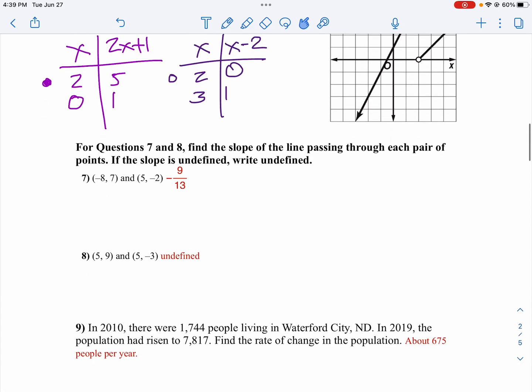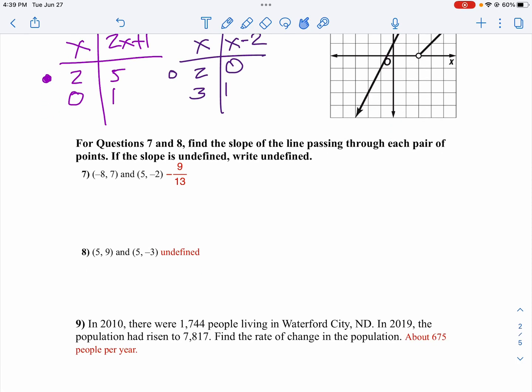On number 7, we want to find the slope of our line. So I'm going to go y2 minus y1 over x2 minus x1. So I'm going to subtract my two y's. x, y, x, y.